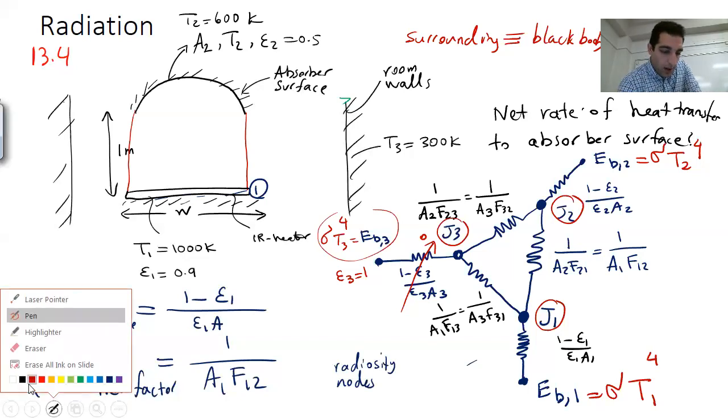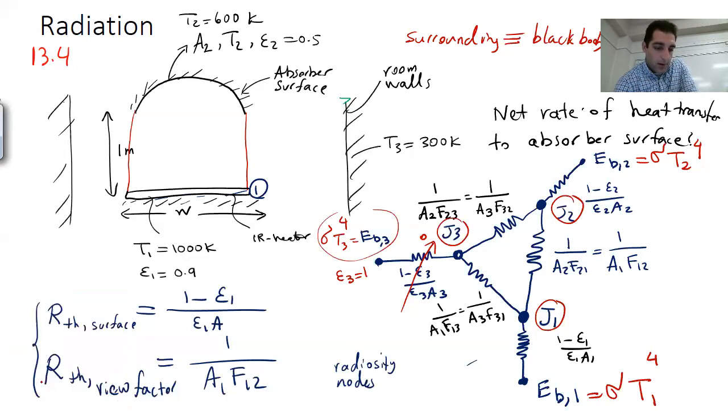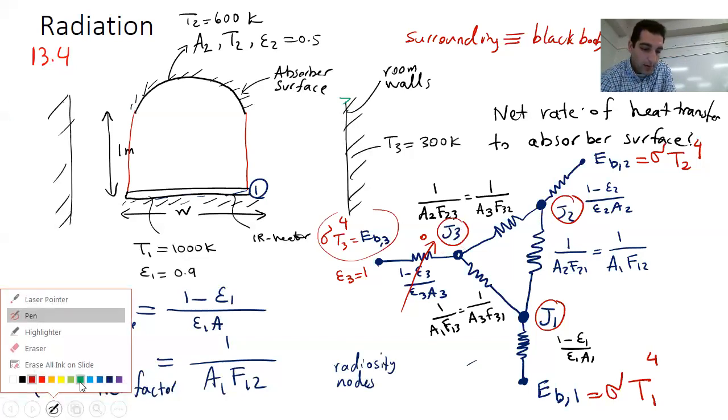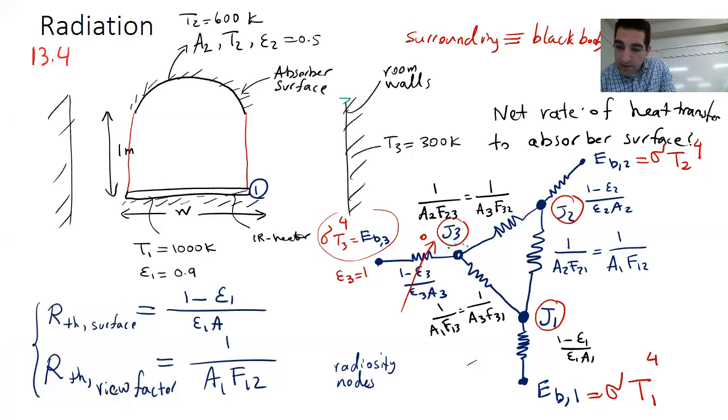And believe it or not, you have to do it, even on those FE or PE exams. It looks time consuming, but you have to be quick and do it. So let's take a look at, I'm going to use green. So this is one dotted line around radiosity J3, around radiosity J2, around radiosity J1. Now this is important here. T1.